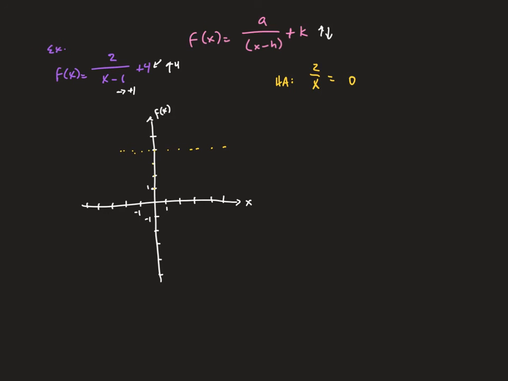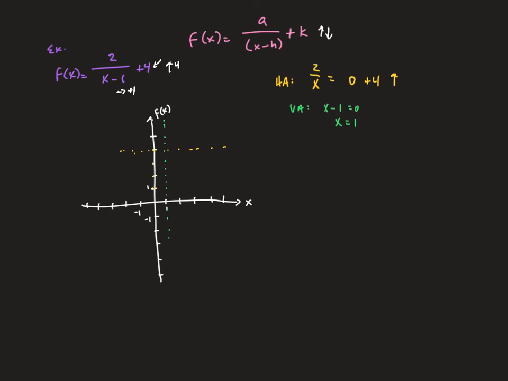But we have 0 plus 4, so therefore we have been shifted up 4 units. So that's why my asymptote ended up at 4. Now, my vertical asymptote is going to be when my denominator is 0. So I have x minus 1 equals 0, or x equals 1.